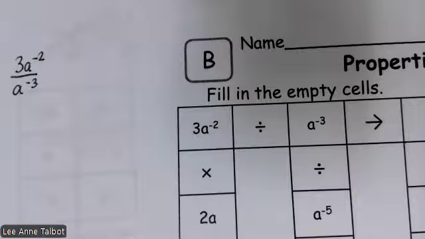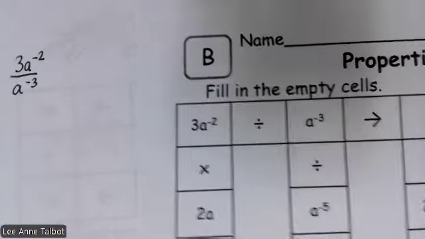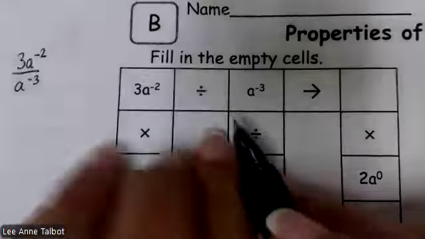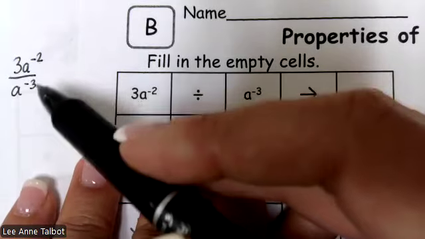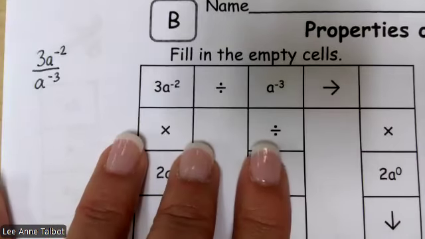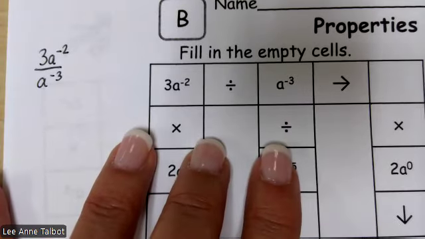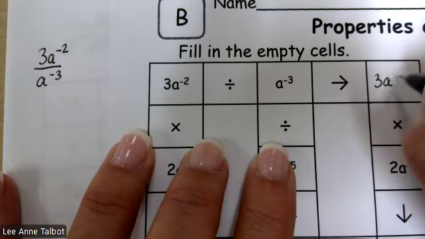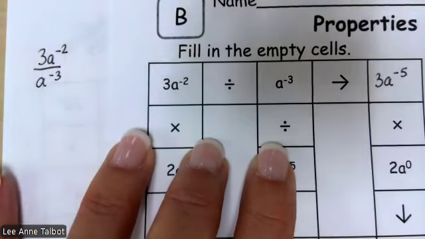And I feel like it's kind of okay for us to have negative exponents through our puzzle till the end. Okay, so what do I do when it's a division problem? What do I do with the exponents? Yes, subtract them. So right here, we're going to go 3a to the negative 5.